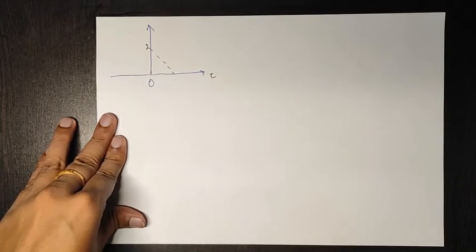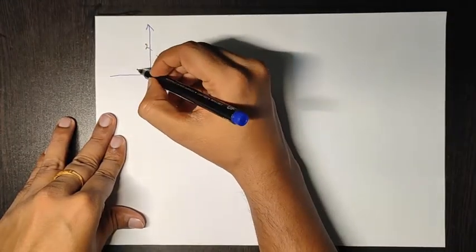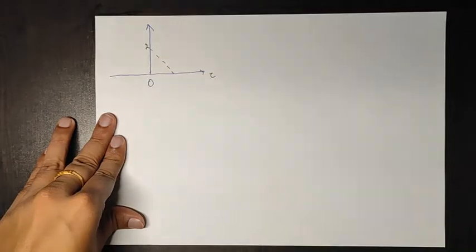And let's superimpose h(minus tau), and then we will do the shifting. We'll start the shifting process.